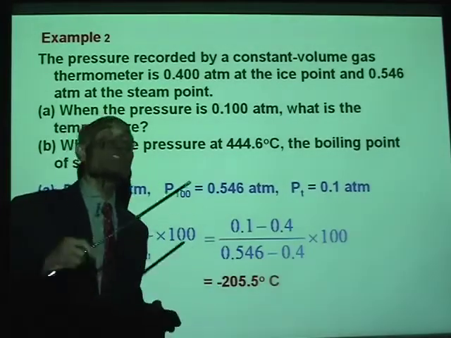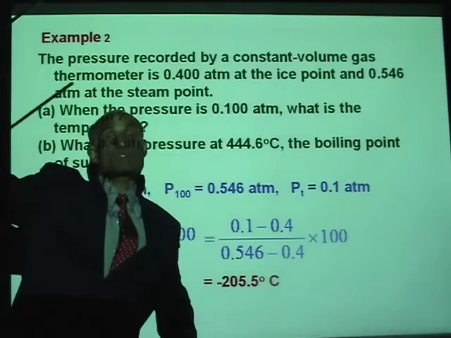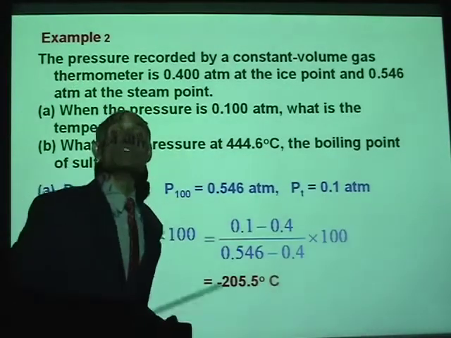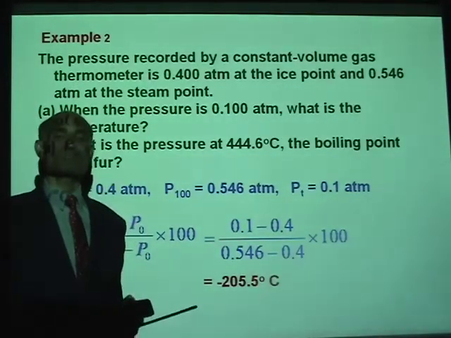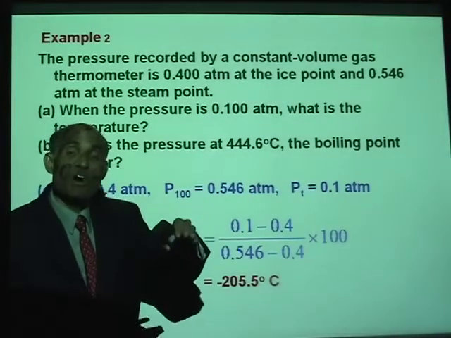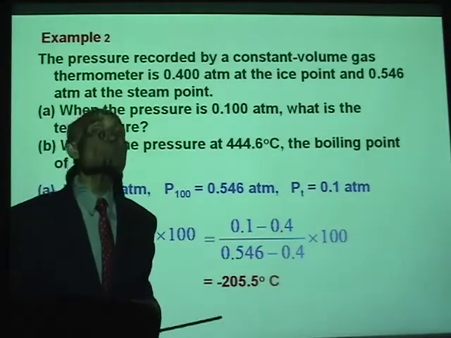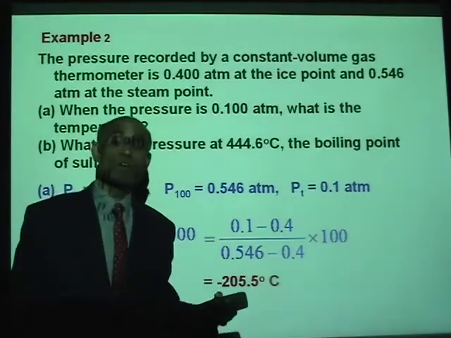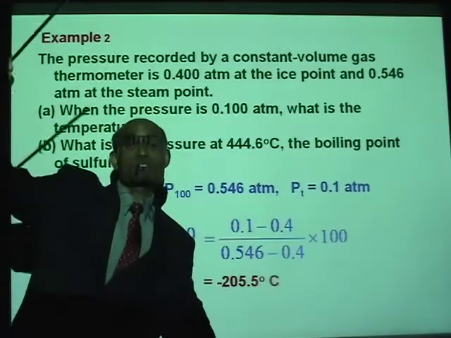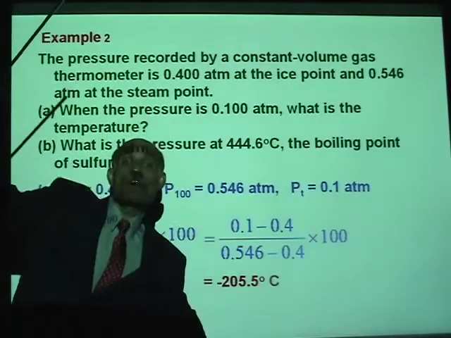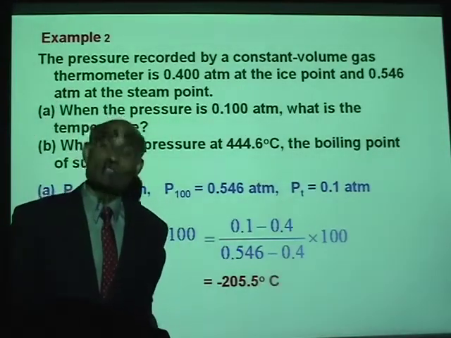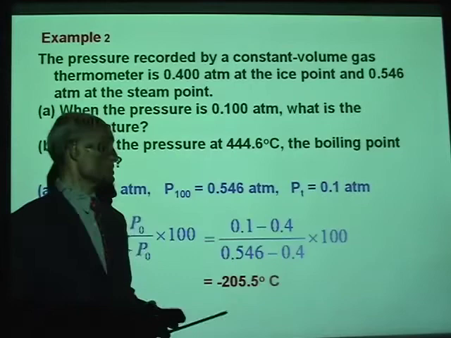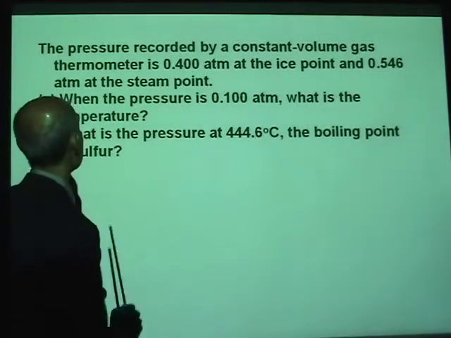No. Even a very high temperature, like 200 degrees Celsius, you cannot use a mercury thermometer. The range of a mercury thermometer is very limited. So, if you use a constant volume thermometer, you can measure temperatures very low or very high without trouble. That's the advantage.